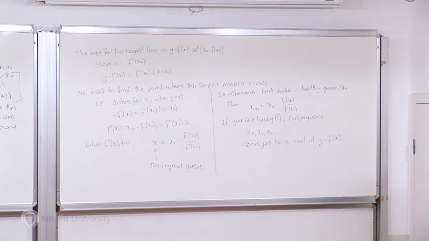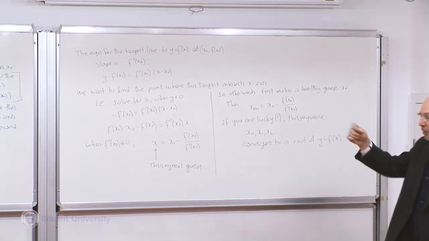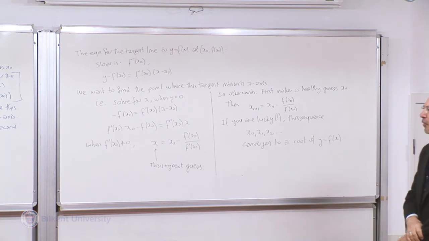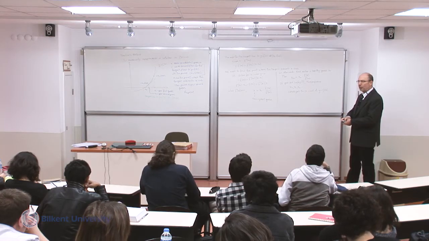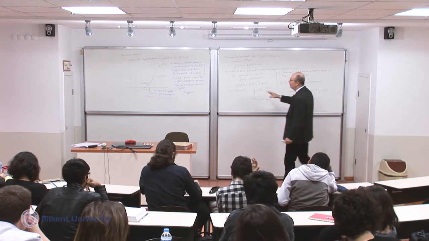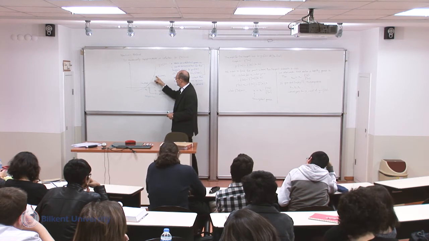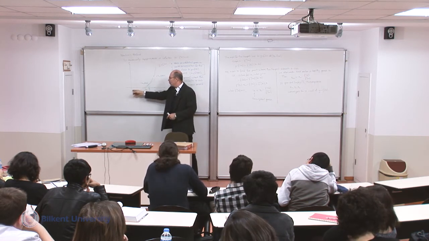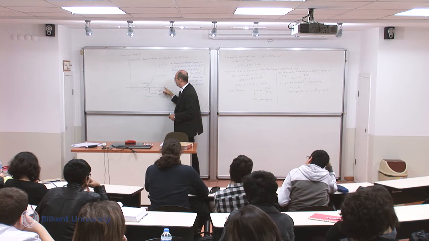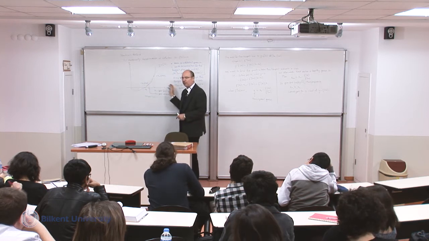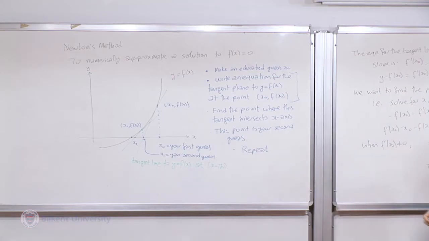Now, of course, sometimes, as we see in the picture, if you choose an unlucky point, the sequence will never converge. In some cases, the graph may be such that, if you choose such a bad point, this equation takes you somewhere else, and then here it takes you back. So you oscillate back and forth, and you never reach that root.